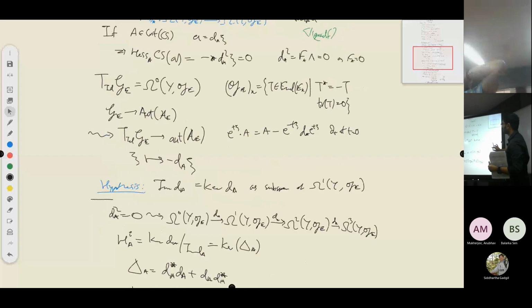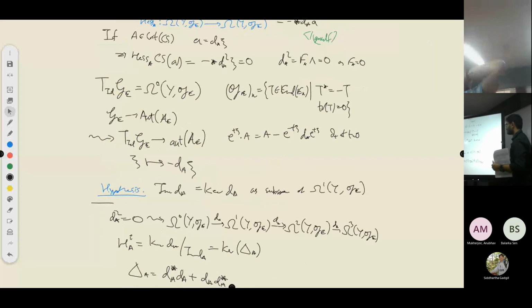So you have a flat connection, and your D, which is the usual exterior D, together with a connection gives you differentials on the bundles. And this one has zero homology, which is your hypothesis. So first of all, when A is flat, you get a complex, and we now ask for the complex to be acyclic.